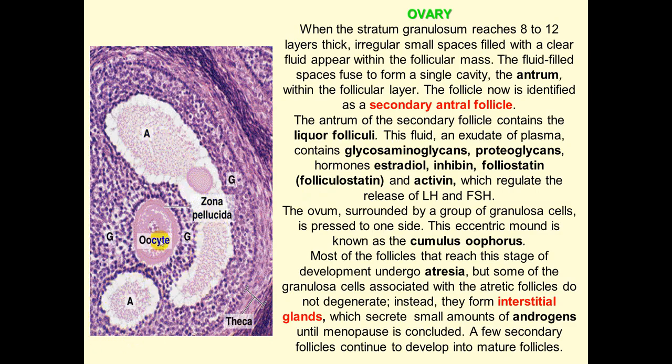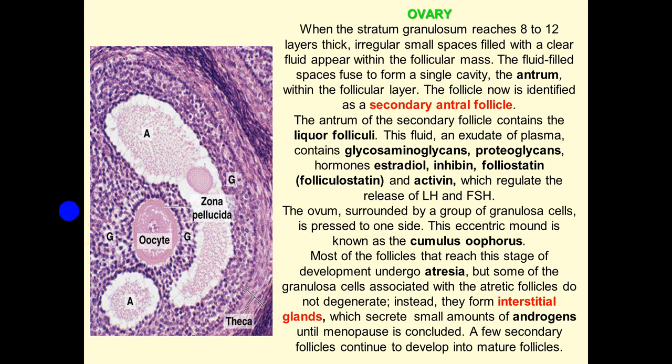You can see free spaces with liquid appear. This liquid pushes the oocyte together with the zona pellucida and some portion of follicular granulosa cells to the periphery of the follicle, to the wall of the follicle.